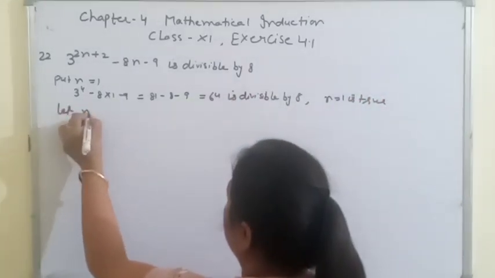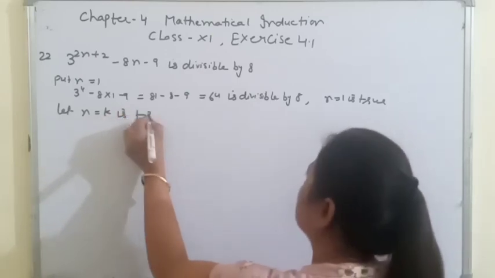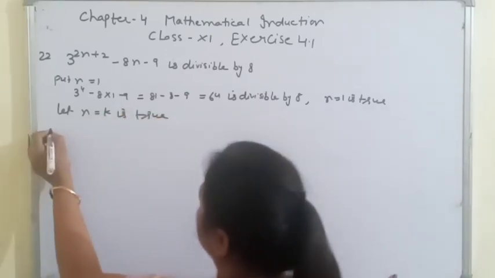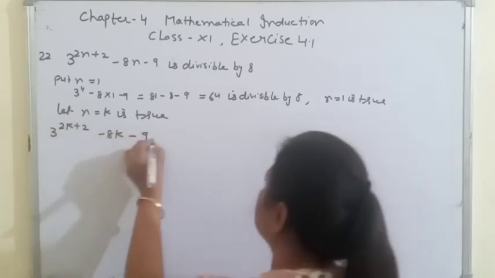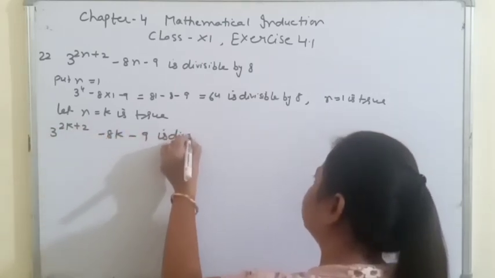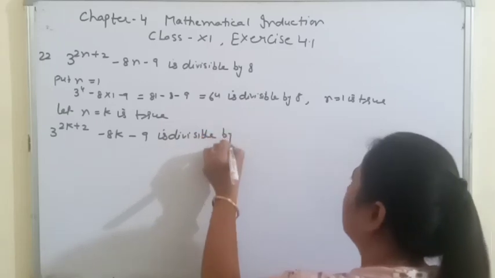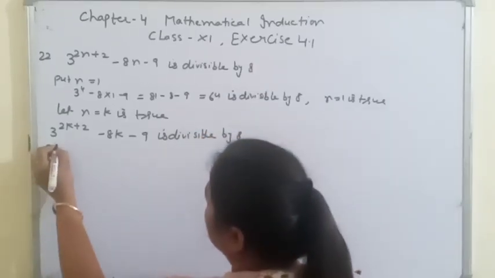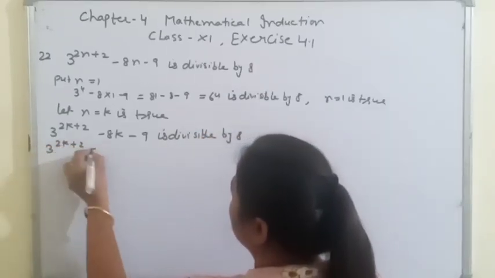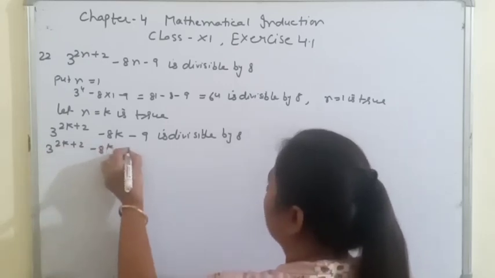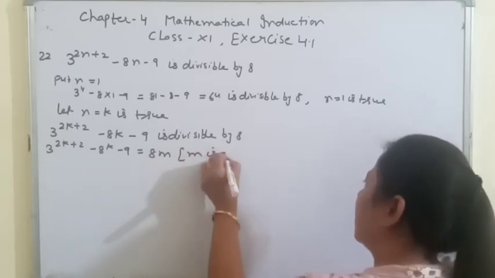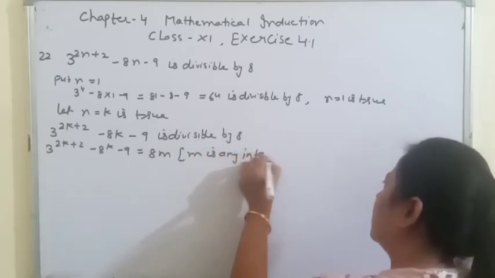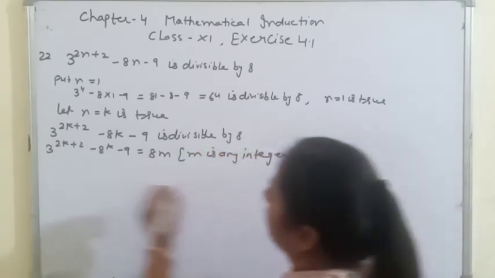Let n equal to k be true. Assume 3^(2k+2) minus 8k minus 9 is divisible by 8, that is, 3^(2k+2) minus 8k minus 9 is 8m, where m is any integer.